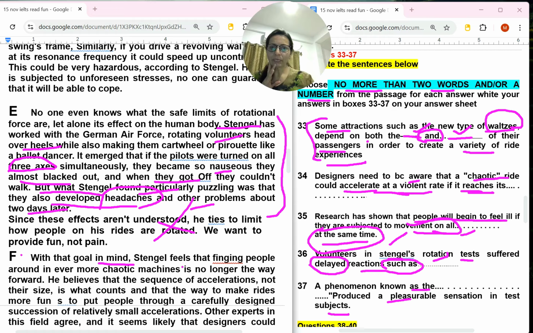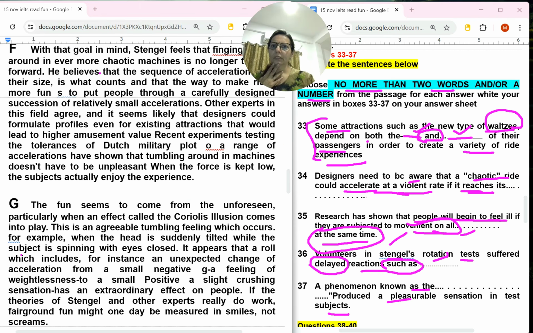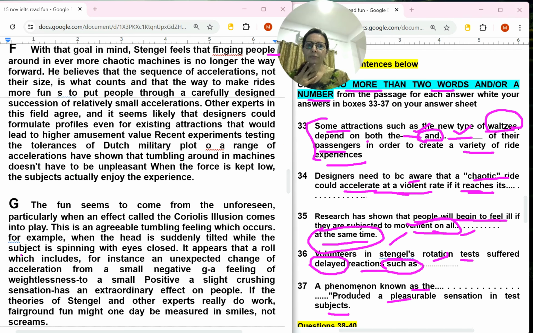With that goal in mind, Stengel finds out chaotic machine. So phenomenon known as, somewhere, just a minute, let me check. So here I am looking for any phenomenon known as that, something, sensation. With that goal in mind, Stengel feels that thinking people, he believes that the sequence of acceleration, their size, carefully designed.